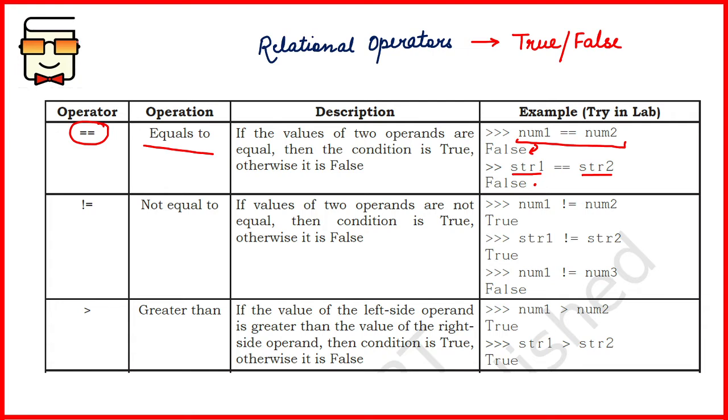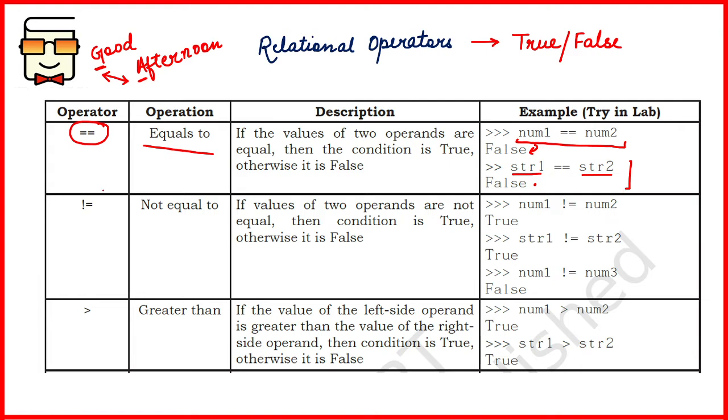So suppose we have the strings good and afternoon. In these two strings, character by character comparison would be performed. The first character of the first string would be compared with the first character of the second string. Their ASCII values will be compared, and since the ASCII values do not match, this particular comparison will hold false.